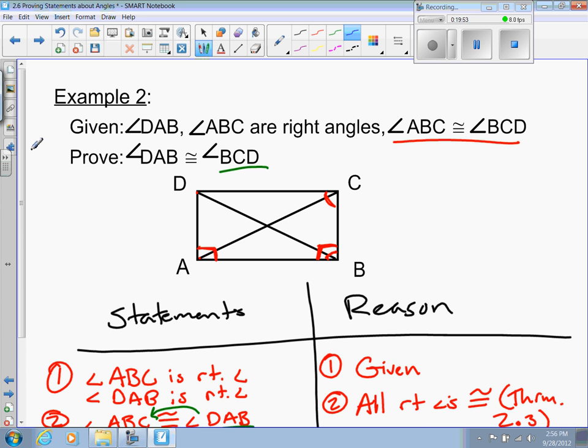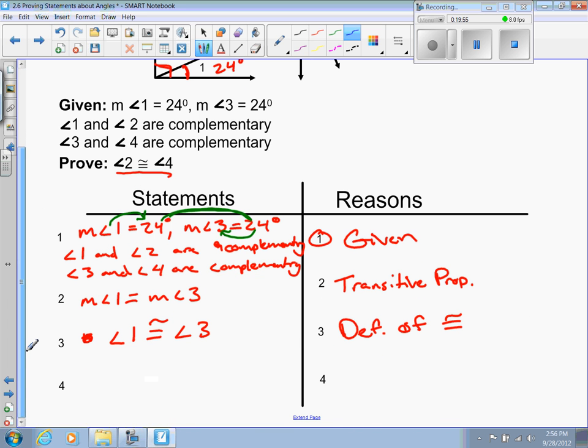So if we come back to this example, angle 1, and could I basically call this angle 1 the same thing as put in angle 3? So it's like angle 3 and angle 2 are complementary, angle 3 and angle 4 are complementary.